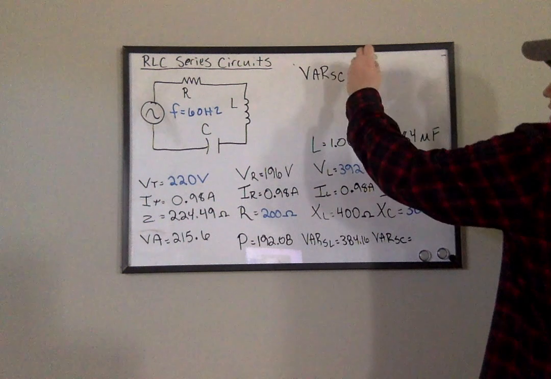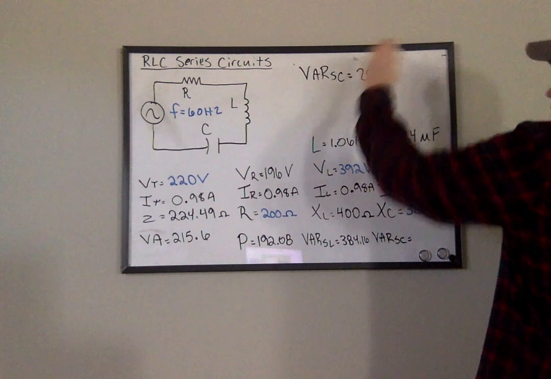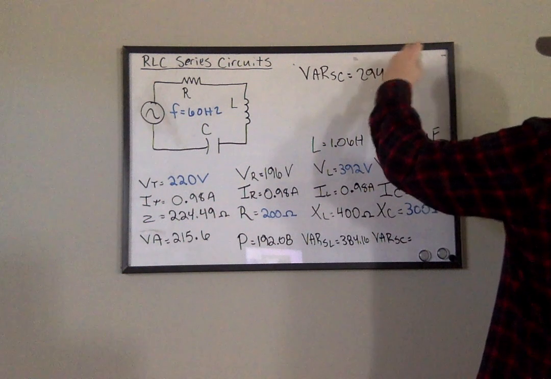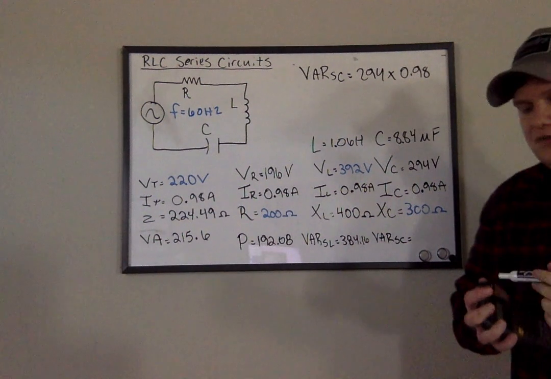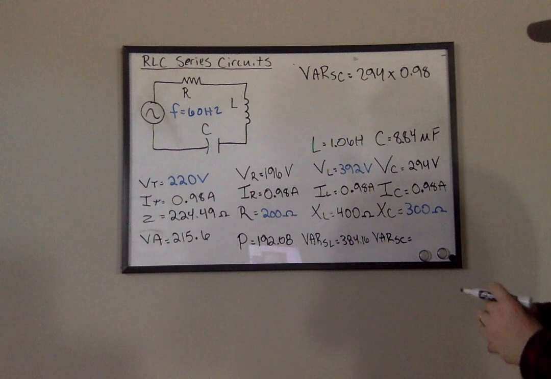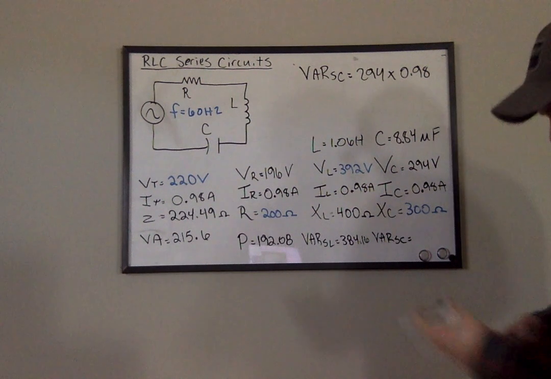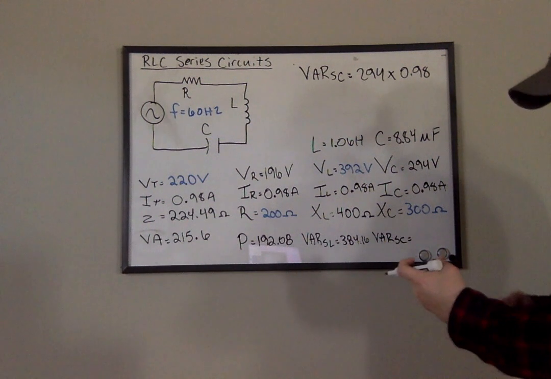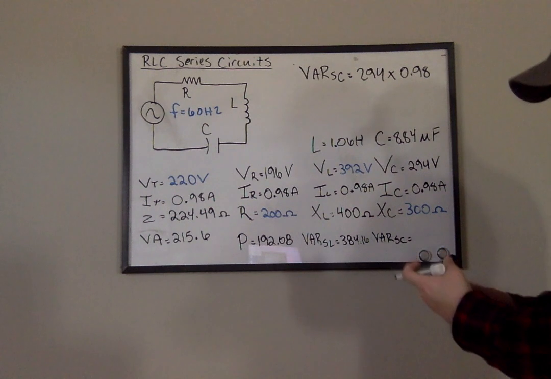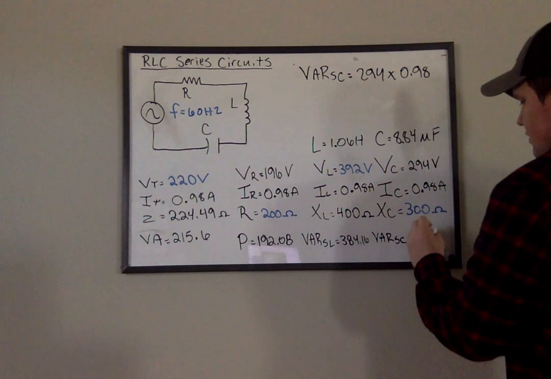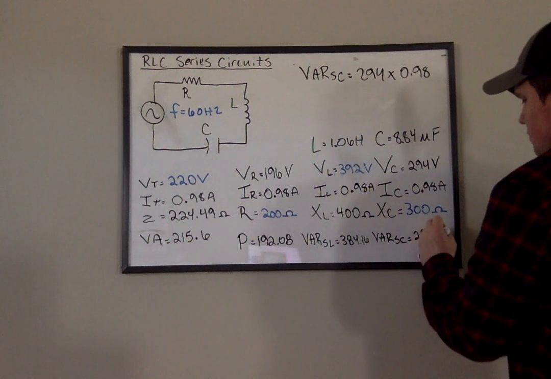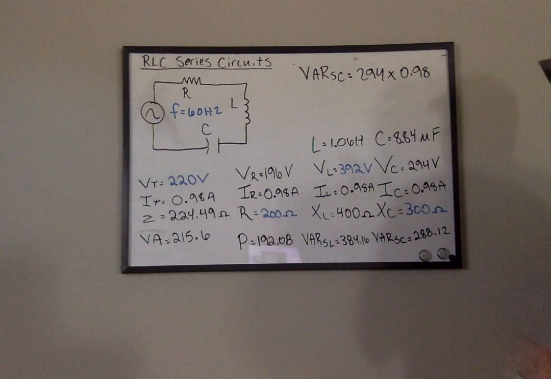So 294 times 0.98 is going to give me VARs C. So 294 times 0.98, that's going to give me 288.12.